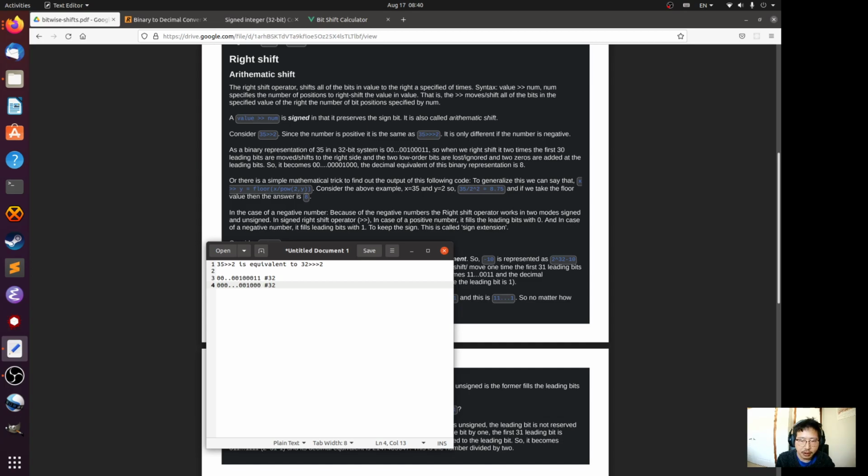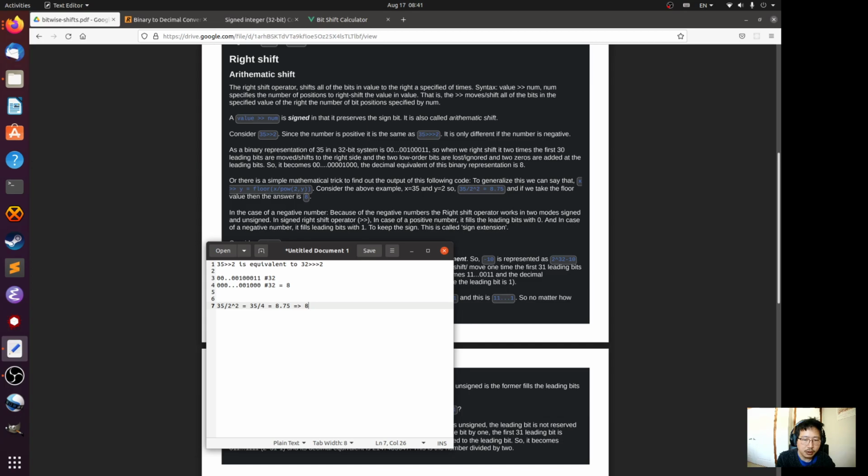Okay, and the decimal equivalent of this is actually the number 8. Okay, in here we can see that it's like 35 divided by 2 to the power of 2, which is 35 divided by 4. Okay, which is 8.75. But then you floor it, so it becomes 8. Okay, it ignores the remainder.